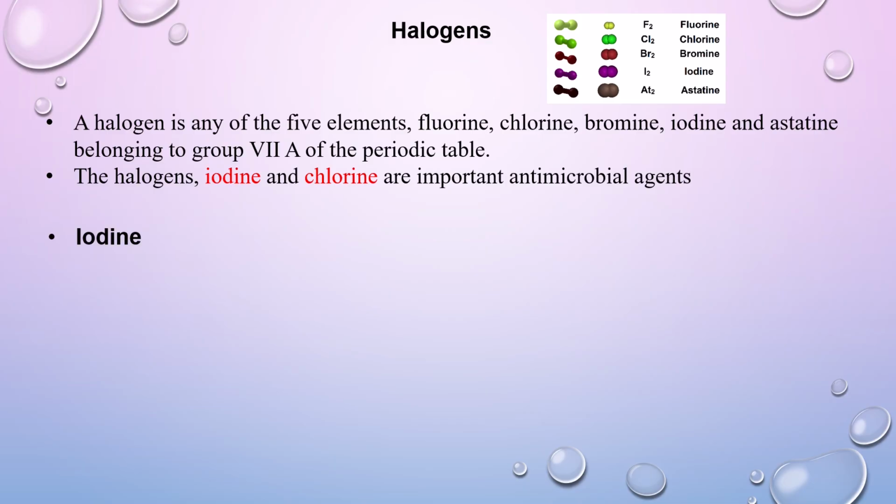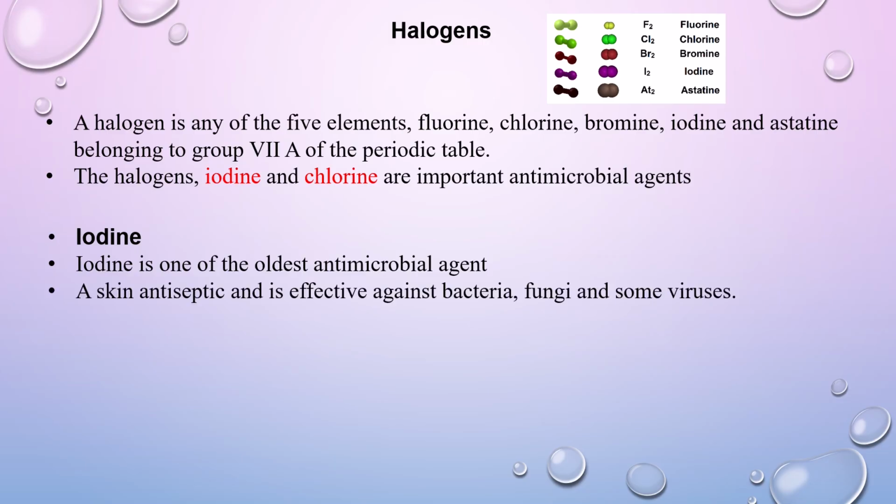Let us first talk about iodine. Iodine is one of the oldest antimicrobial agents and has been used for more than a century now. It is used as a skin antiseptic and is effective against bacteria, fungi and some viruses.